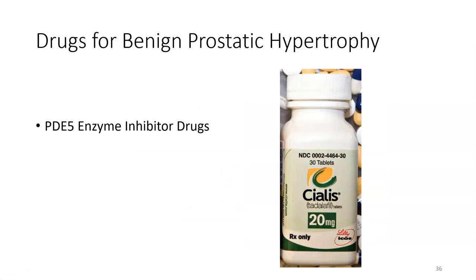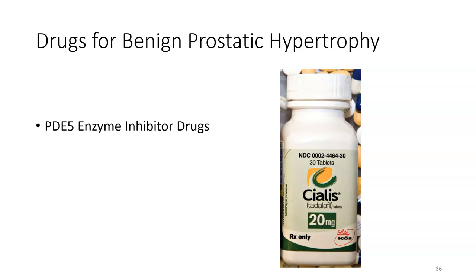And then your PDE5 inhibitor drugs, which are also used to treat erectile dysfunction. We'll talk about that in chapter 14. These PDE5 inhibitors relax smooth muscle layers in the bladder and the prostate and allow urine to flow more easily.